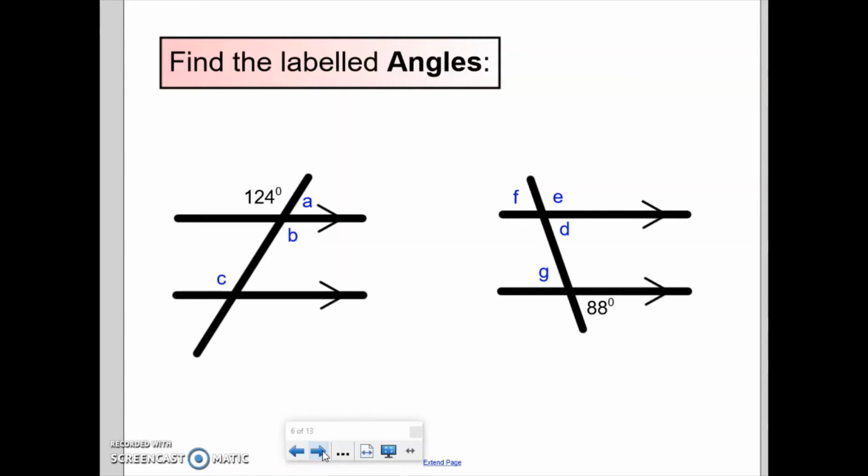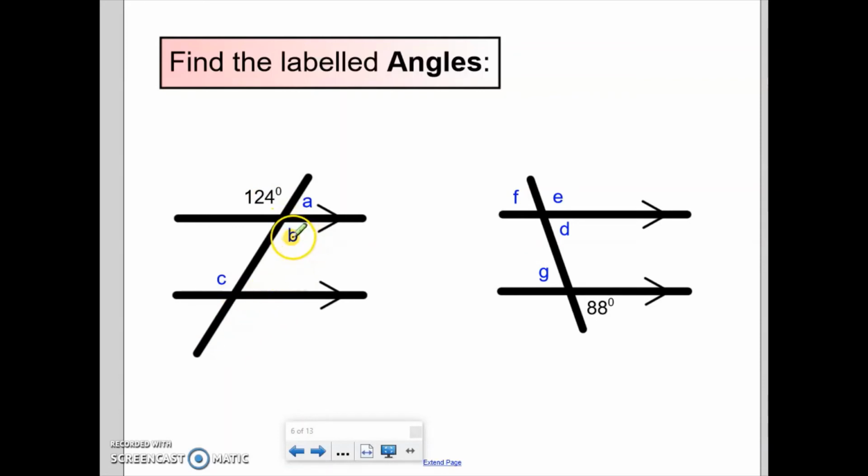Okay, so with angle B, I'm going to say that that is 124 degrees because it is vertically opposite to this 124. So angle B is 124 degrees because of vertically opposite angles.